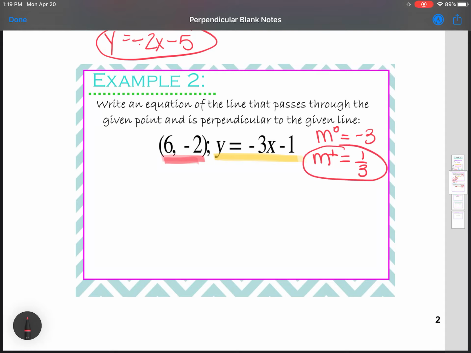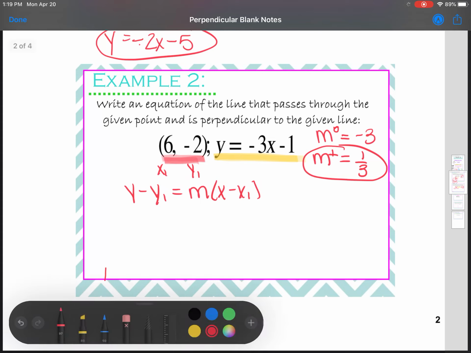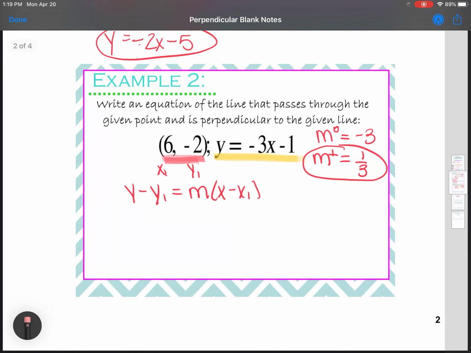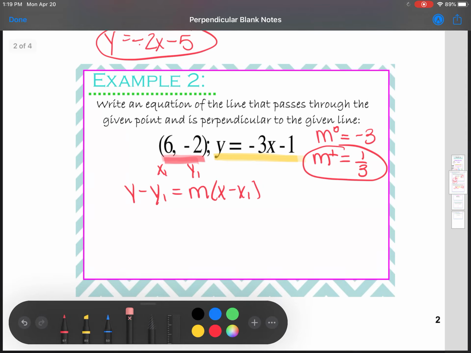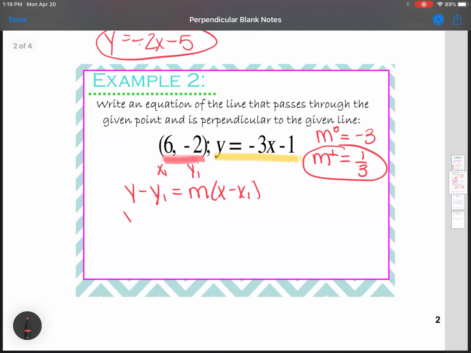Now I'm going to label my point, x1, y1. Going to write out my point slope form. Y minus y1, x minus x1. And then I'm just going to start plugging things in. Y minus negative 2 becomes y plus 2 equals 1/3 x minus 6.